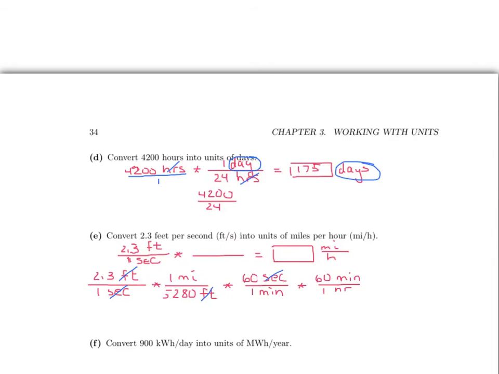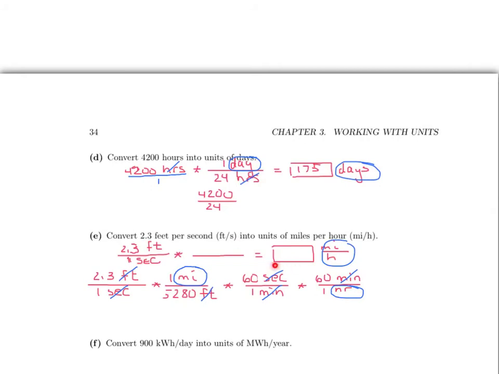I don't want the reciprocal of this because I want to be able to cancel the minutes, so I need minutes in the numerator and the denominator. So let's look at what we've got now. When we're done with multiplying these four quantities together, we'll have miles in the numerator and hours in the denominator, which again is what we wanted. So we know we are done.